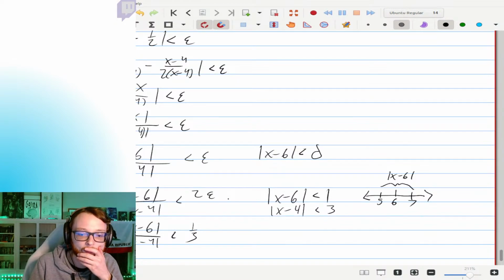I don't get why this lets you conclude that delta is the minimum of 1 and epsilon over 6, though.